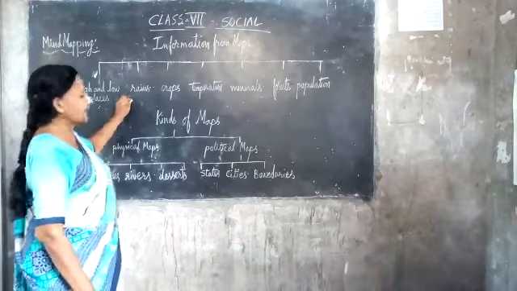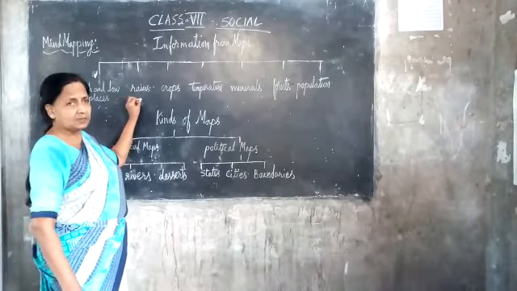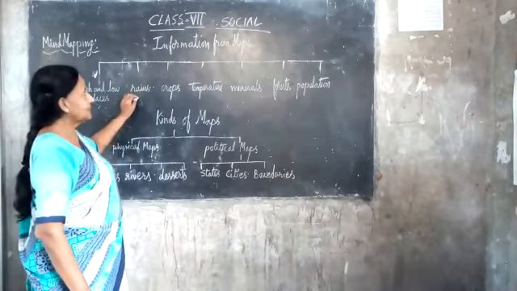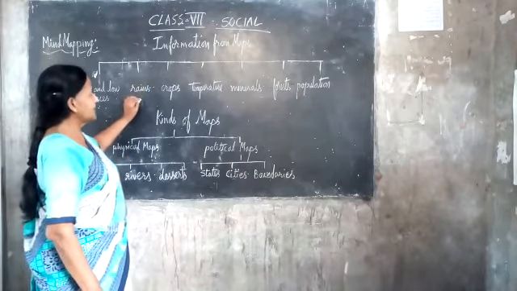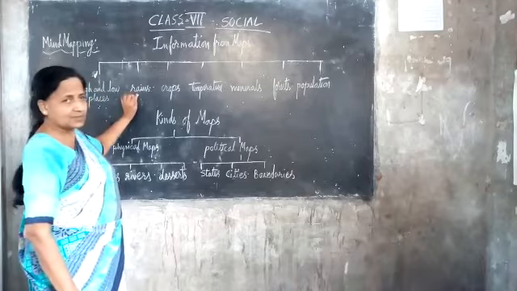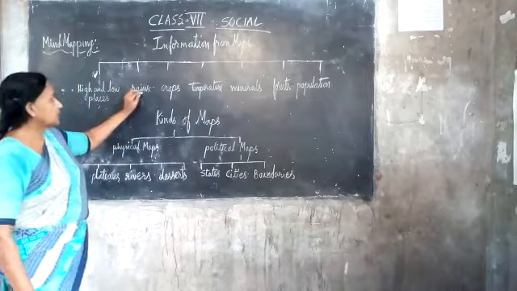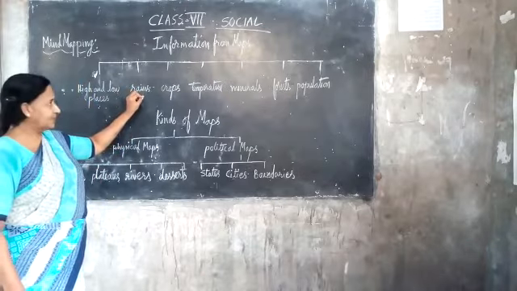Which places are having rains frequently? The map tells us which countries and which states in a particular country are having rains very often.